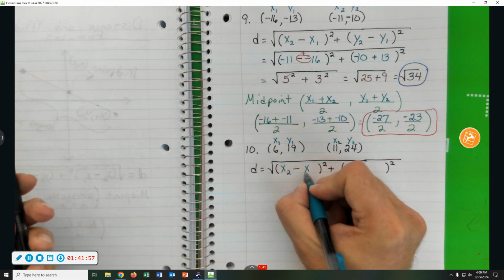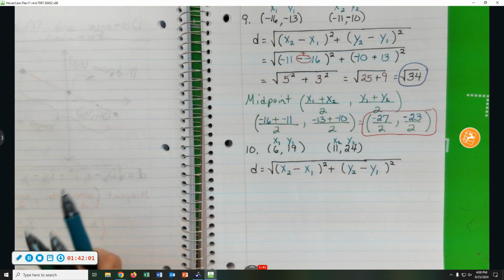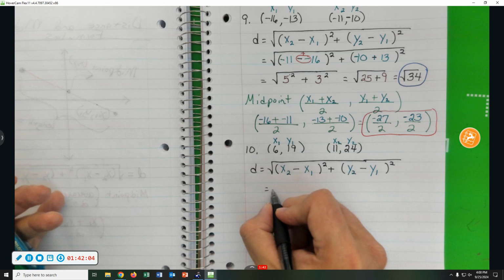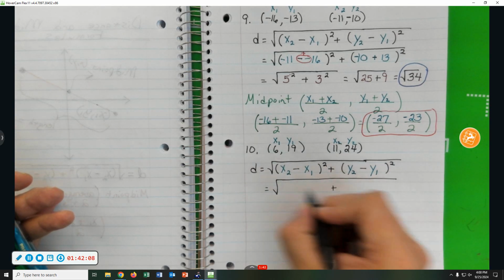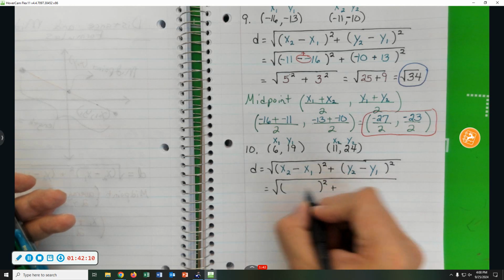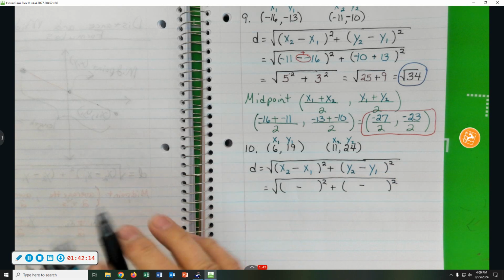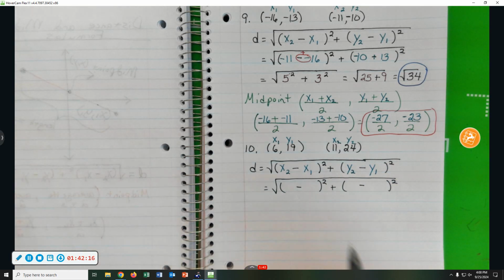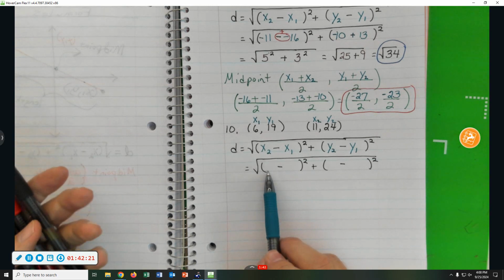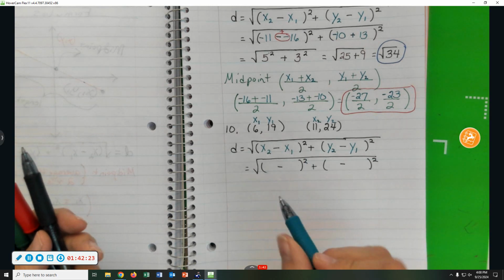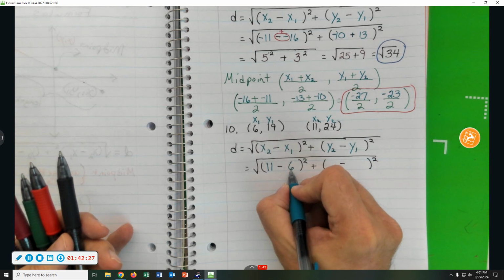And x minus. Okay, so talk me through which ones, what am I going to write here? x2 is 11, so we have 11 minus 6.